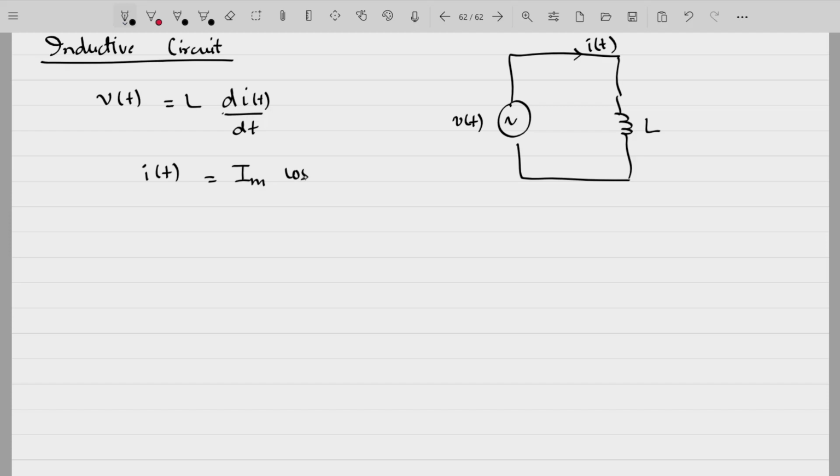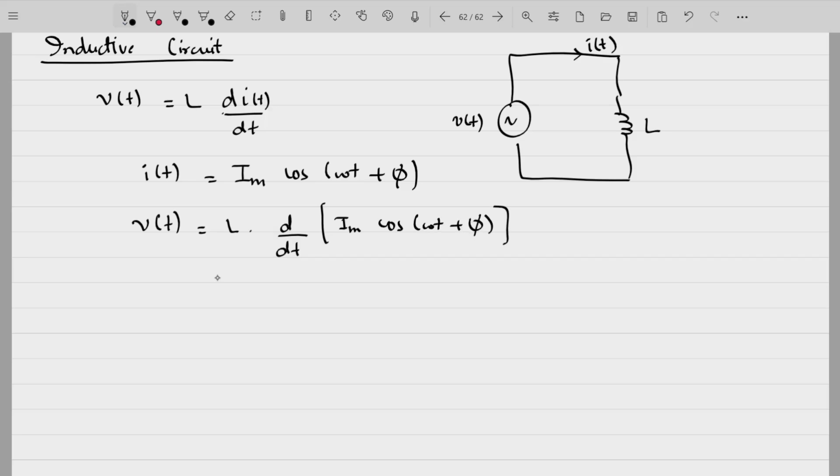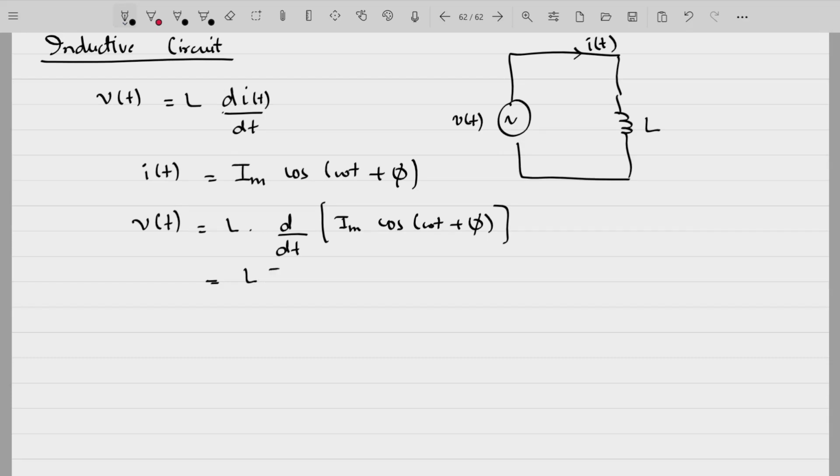Now if i is equal to Im cos of omega t plus phi, that means v(t) is equal to L times the differentiation of Im cos of omega t plus phi. Im being a constant, we can take it out.